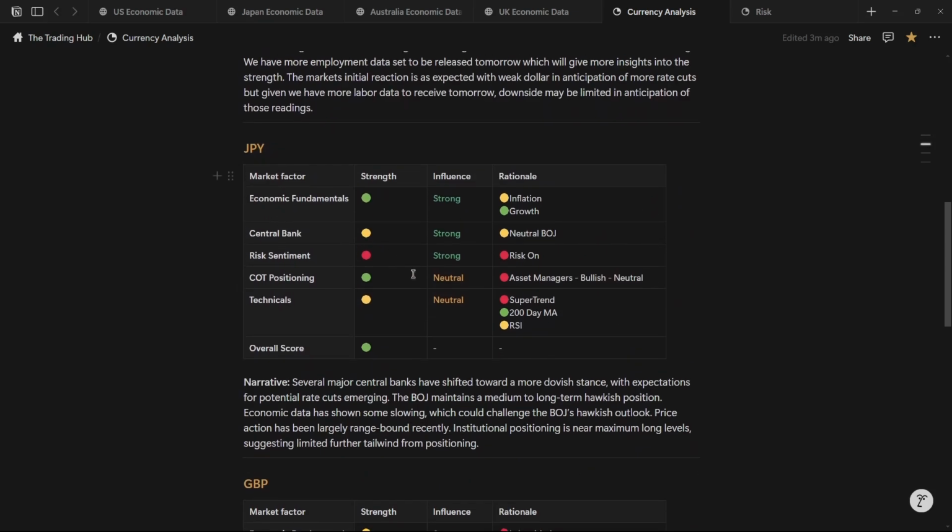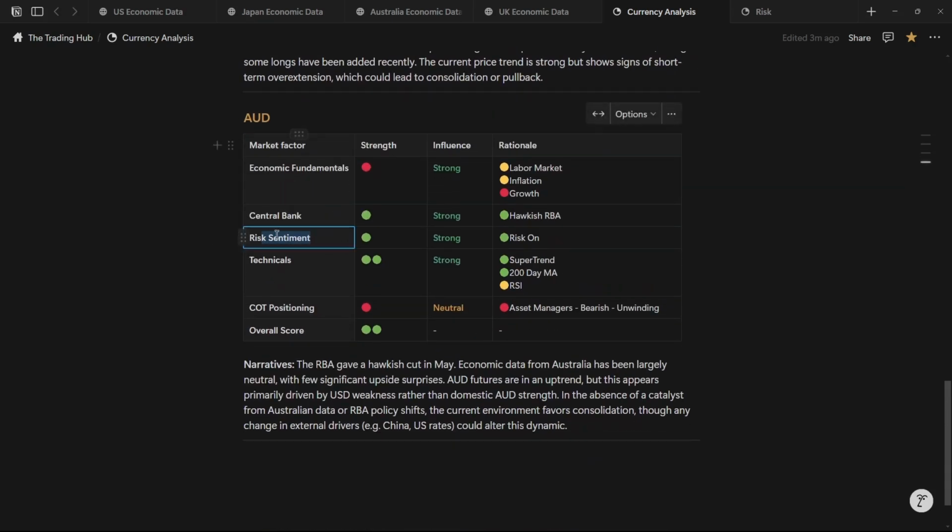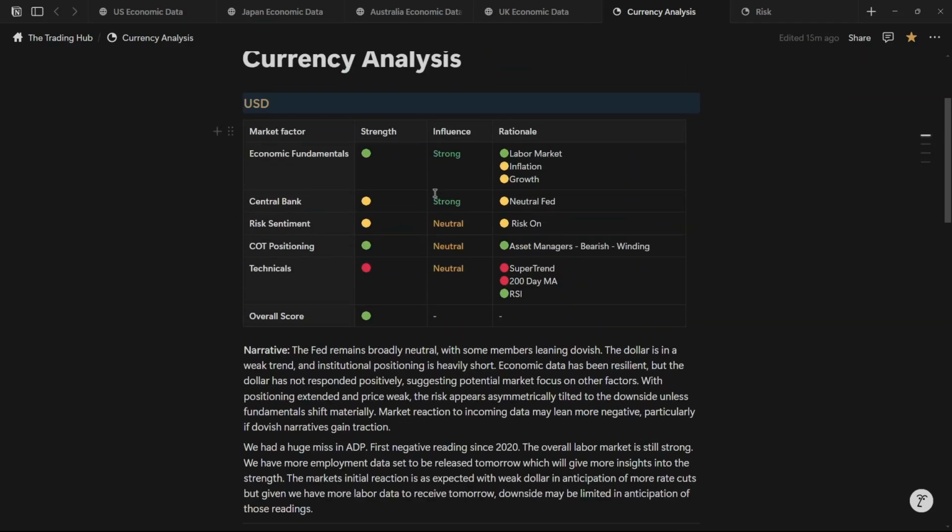So something like the yen reacts more to risk. Whenever there's risk on, the yen tends to underperform, and whenever there's risk off, the yen tends to outperform. And the Australian dollar is a similar story, but the opposite of the yen. So on risk on, the Australian dollar performs well, and whenever there's risk off, the Australian dollar performs poorly. So that is risk right there.